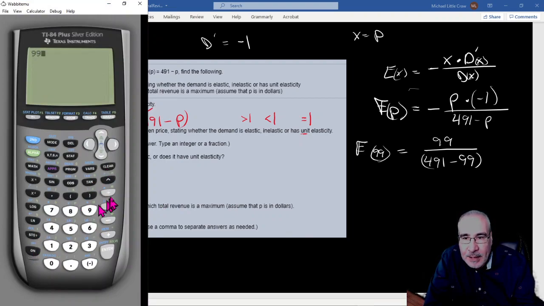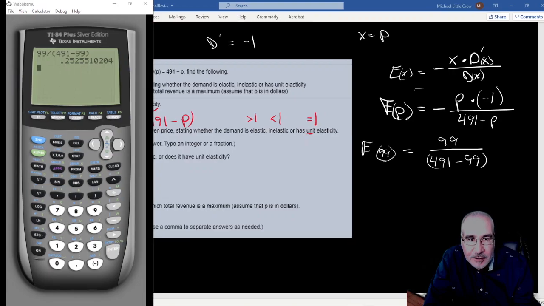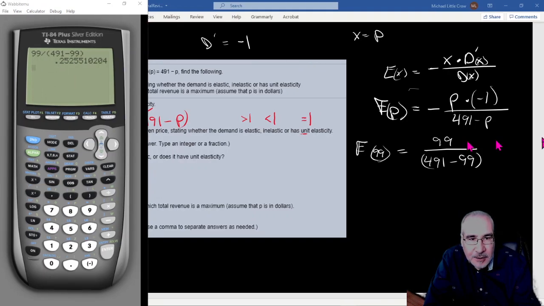So 99 divided by, now just make sure you get this in parentheses. If you don't, you won't get the right answer. Order of operations will do things differently. So 0.2526. I don't know how many decimal places they want.